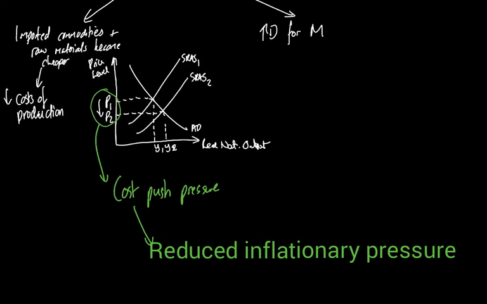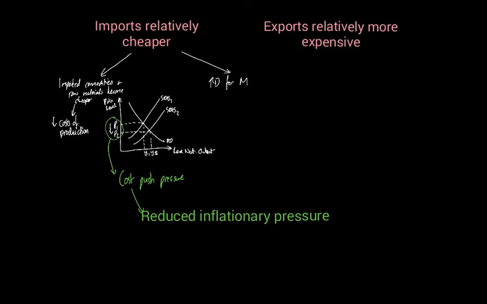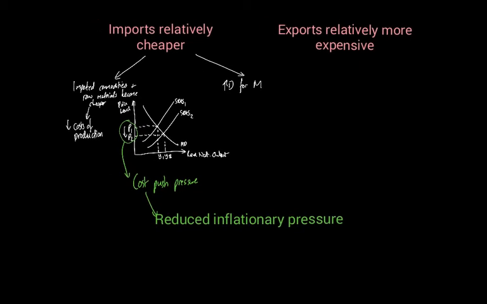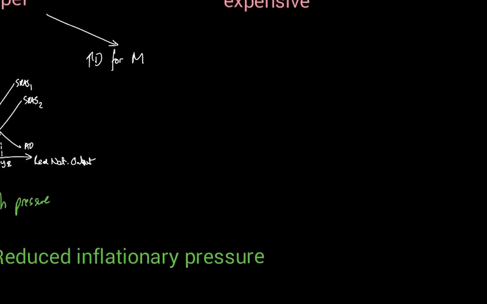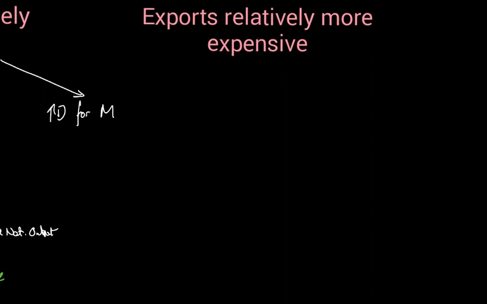Now, if we come back and think about where we were to start with, now let's have a look at the other side of the analysis, the exports becoming relatively more expensive. So what effects is that going to have?